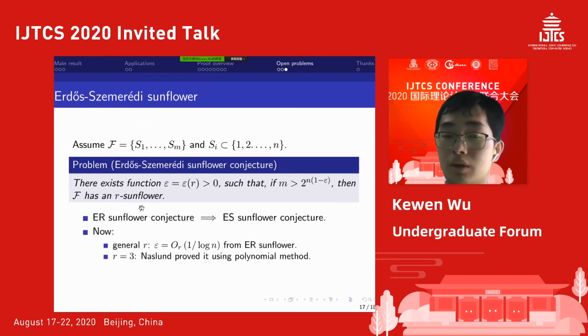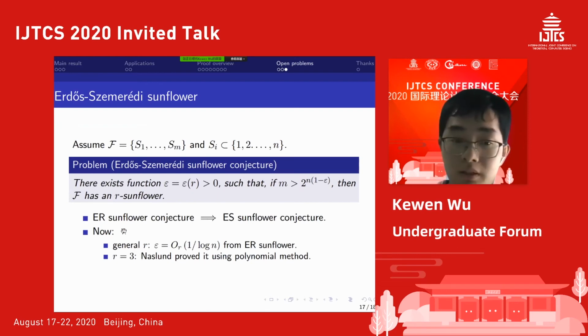Different from Erdős-Rado sunflower, this conjecture is verified for R equals 3 by Naslund, and it's proved by polynomial method, and doesn't seem to generalize for R equals 4 or 5, and also doesn't seem to generalize to the Erdős-Rado sunflower.